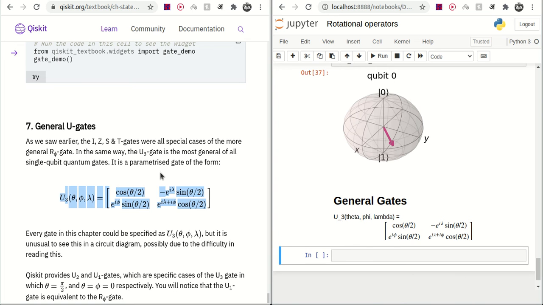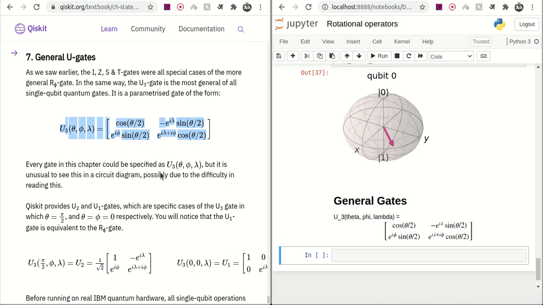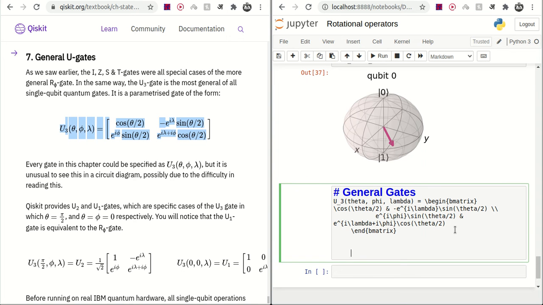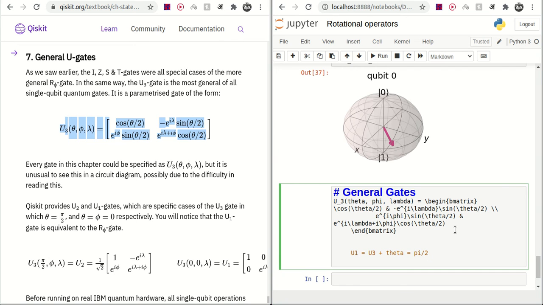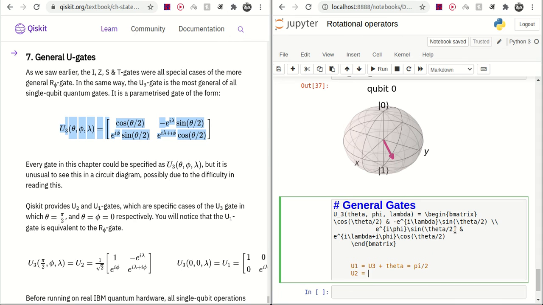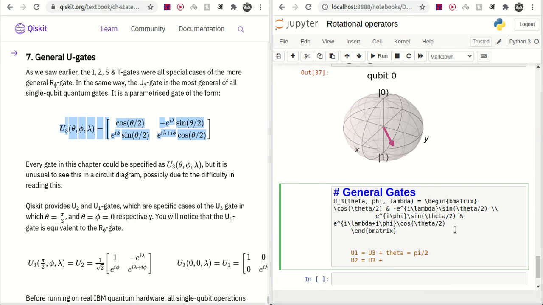Qiskit provides U2 and U1 gates, which are specific cases of the U3 gate: U1 is U3 with theta equal to 0 and phi equal to 0, and U2 is U3 with theta equal to pi by 2.